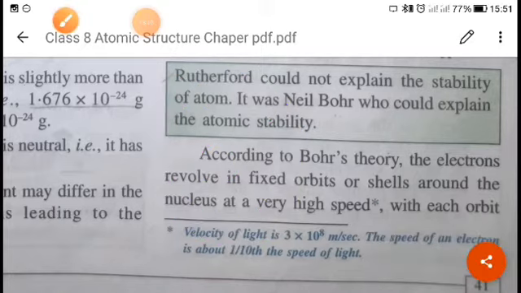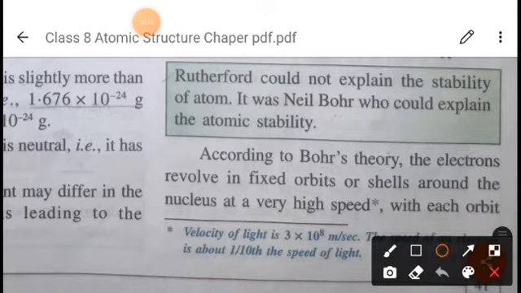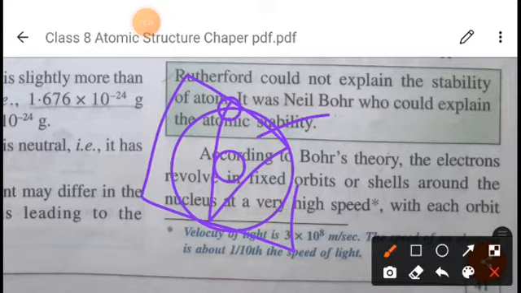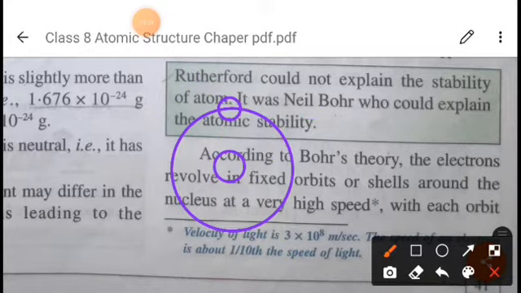It is not like this that the electron is moving sometimes like this, sometimes like this, or like this. It is not like this, okay? Electrons are moving in a fixed orbit.